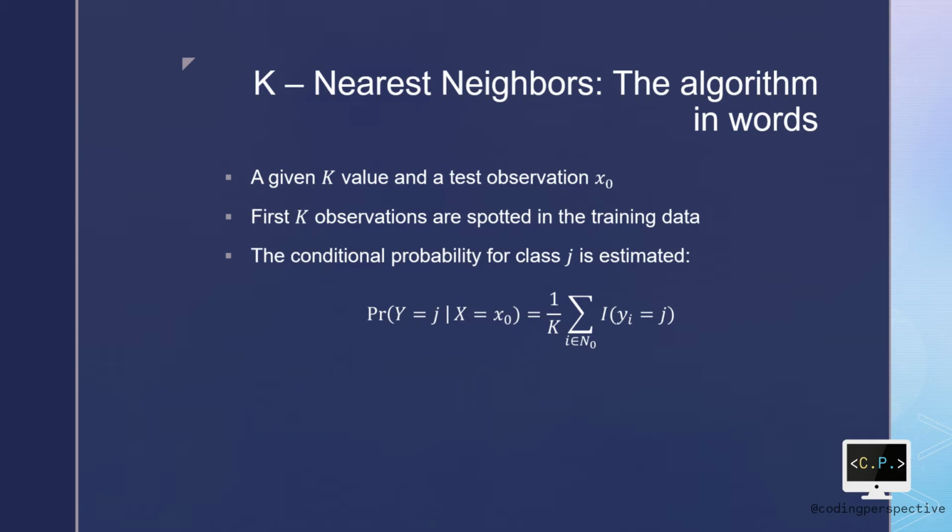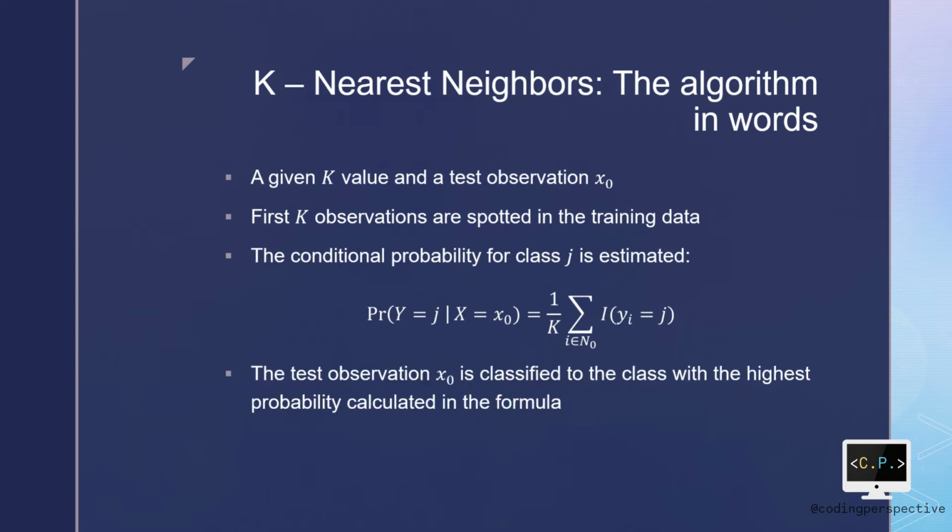That is, the probability of y equal to j given x equal to x0 is equal to 1 over k times the sum over i in n0 of I(y_i equal to j). Finally, KNN classifies the test observation x0 to the class with the largest probability from the formula.